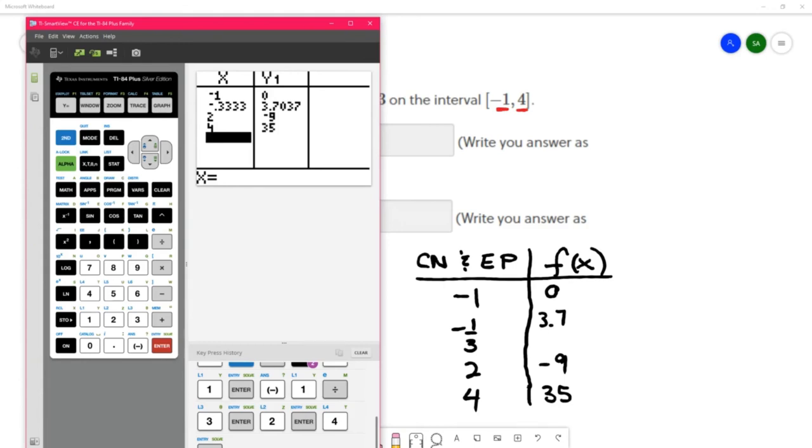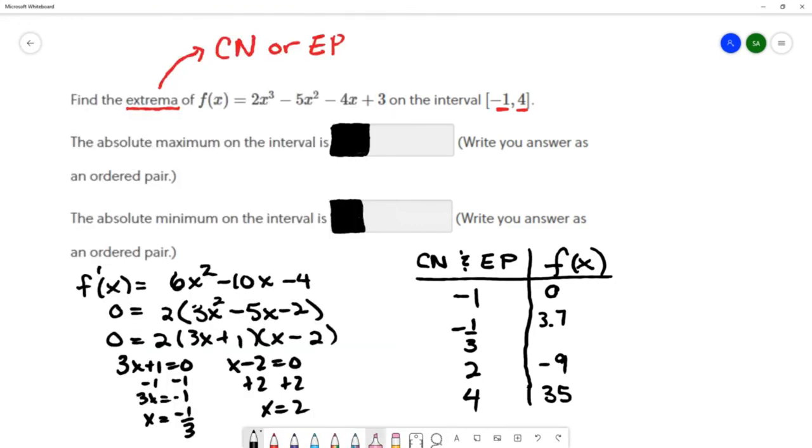So then we're going to look for the highest and lowest y values. We have the highest y value of 35 and the lowest y value of negative 9. That's going to give us our absolute min and our absolute max.